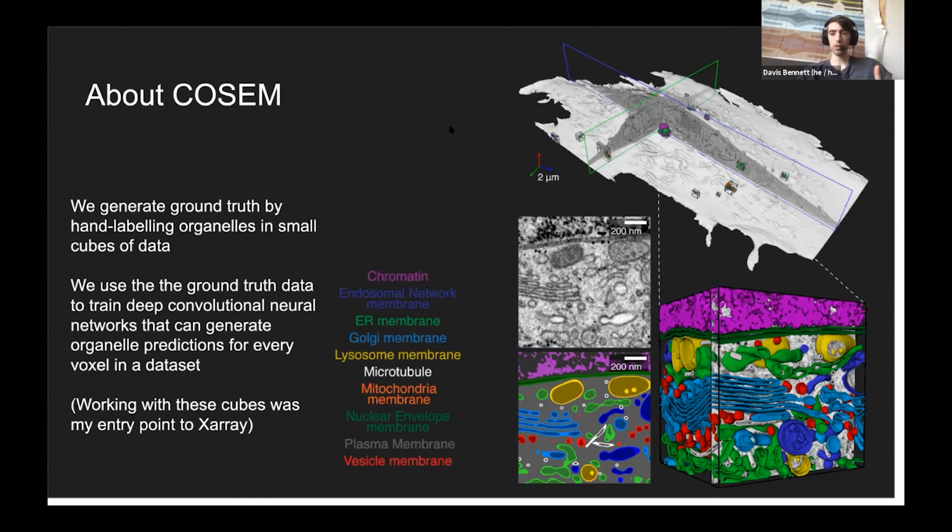And it was actually these cubes. I came into the project team not using Xarray as a core part of my kit. And then it's working with these cubes that pushed me over the edge and made me hard commit to using Xarray. Because these cubes differ from the raw data in terms of their offset. So they have a physical offset in space. And they also have a different grid spacing.